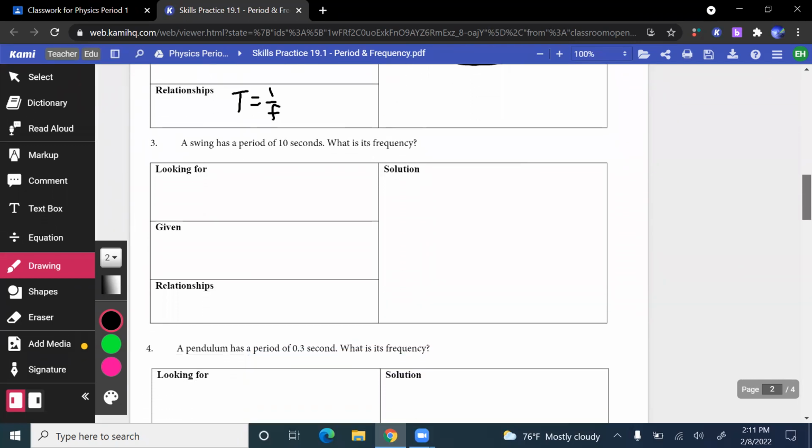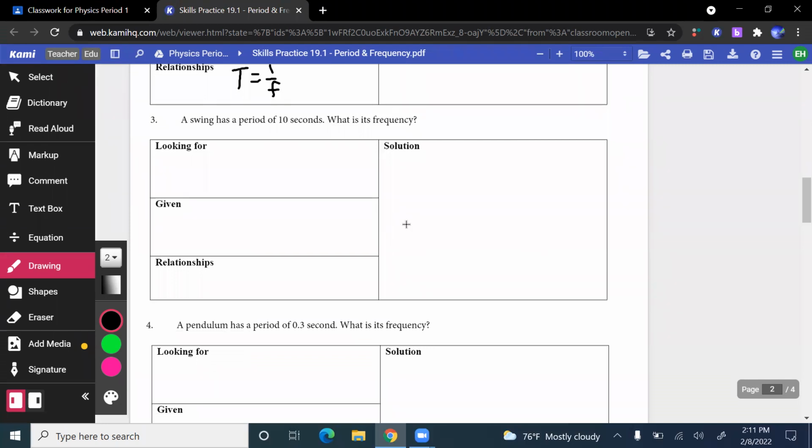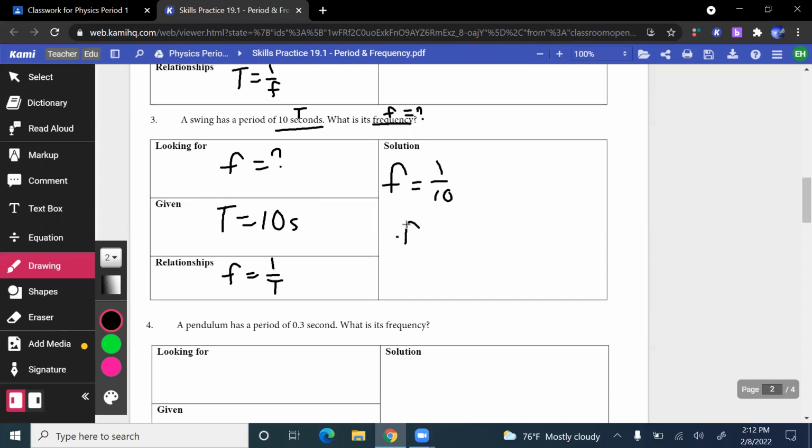Number 3. A swing has a period of 10 seconds. What is its frequency? So we're looking for frequency, and this time we're given the period. Frequency is now the inverse of the period, so we'll go 10 inverse.